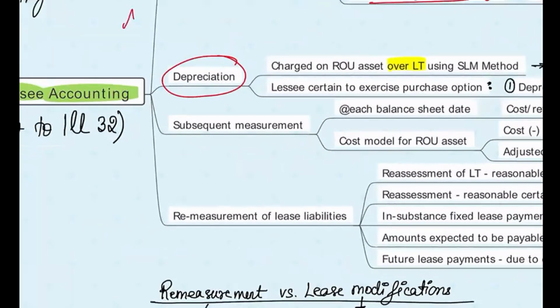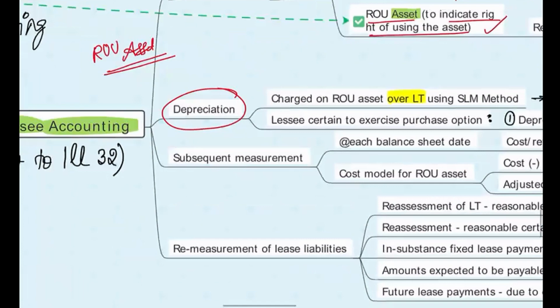Whenever you account for an asset in your books, the lessee also has to depreciate this ROU asset. Every year it has to depreciate the ROU asset.